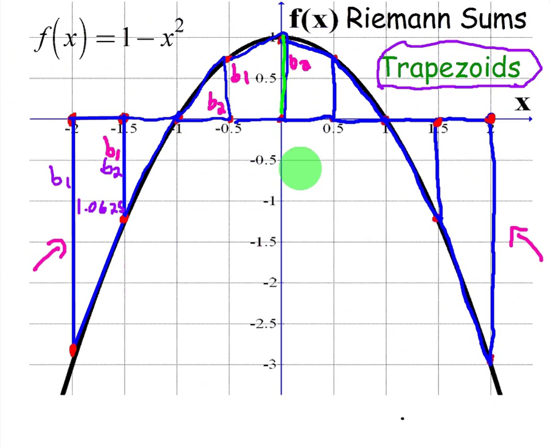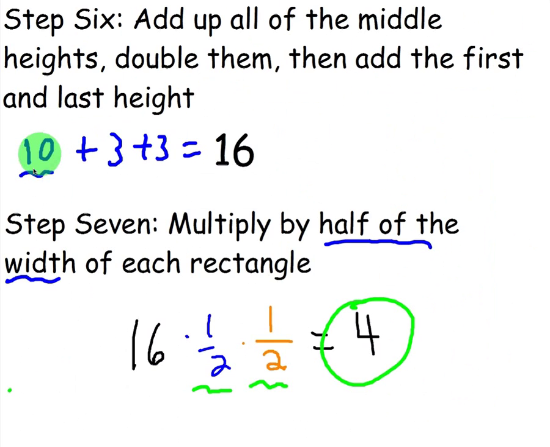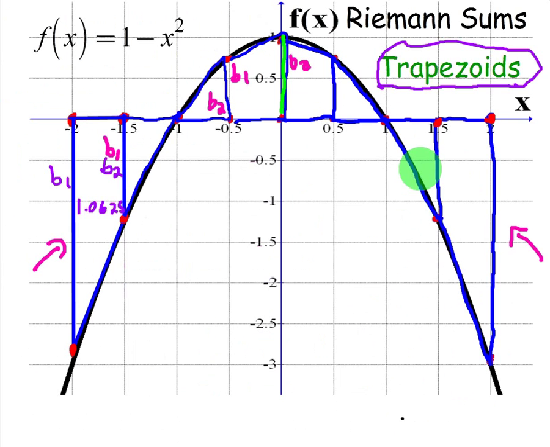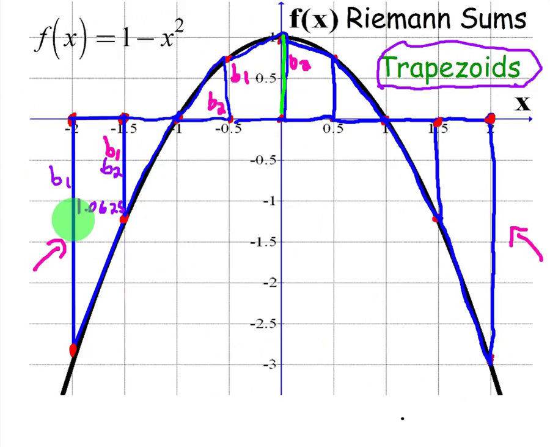But since each of these trapezoids in the middle share a common base, you will take that number 5 and double it to get 10. Now, because these outside bases only occur once, you only add those once. So you take 10 and add 3 and 3 to get 16. That gives you all of the base measurements for each of these trapezoids.